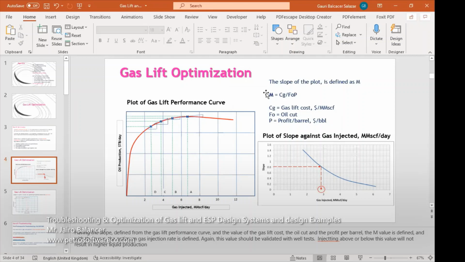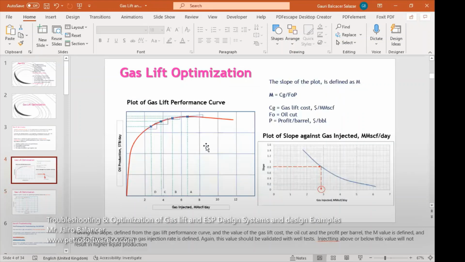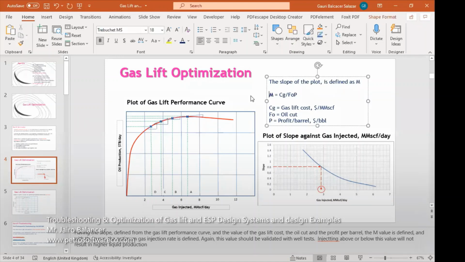With this we get the M, and with that M we get this curve. So at any time, with the slope defined from the gas lift performance curve and the value of the gas lift cost, the oil cut, and the profit per barrel, the M value, which is right here, is defined, and with the curve, the optimum gas injection is defined.